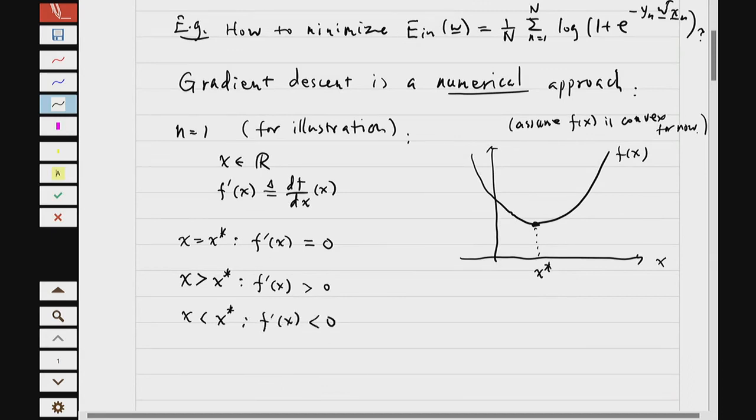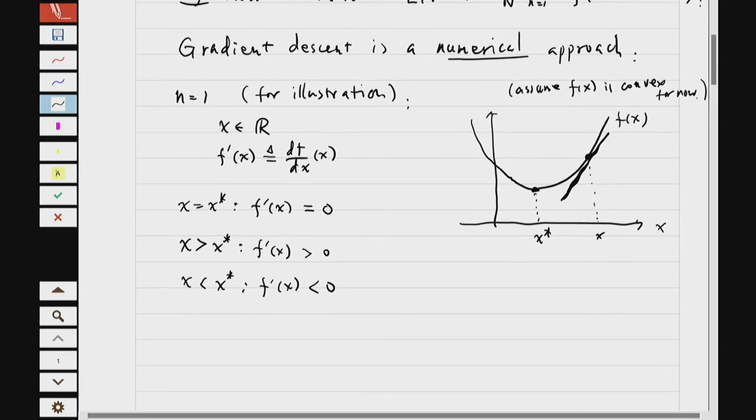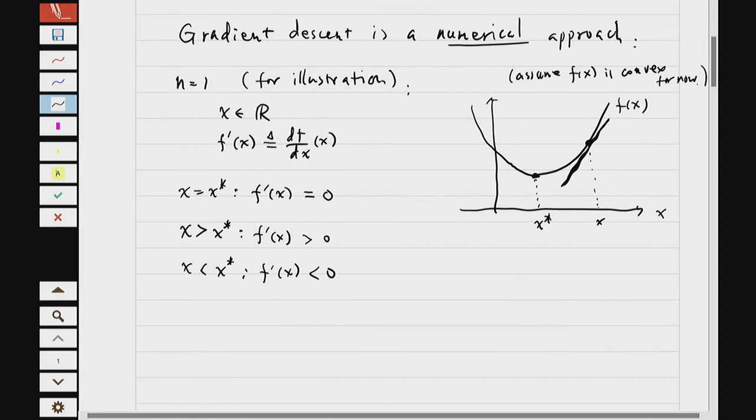So just one example point here. This is your x. Then the slope of this line is the derivative, right? So when it is on the right-hand side and the derivative is greater than 0, what does that mean? That means if you increase x, the function value will increase, right?